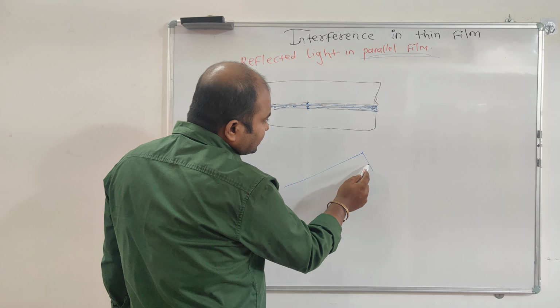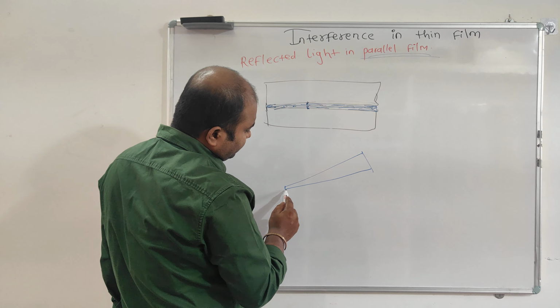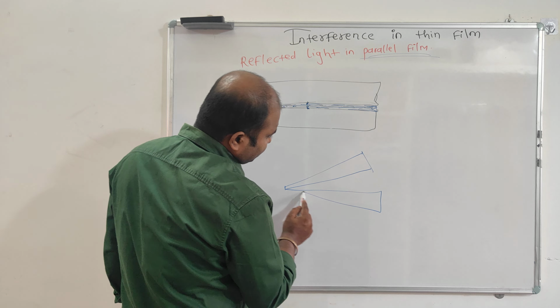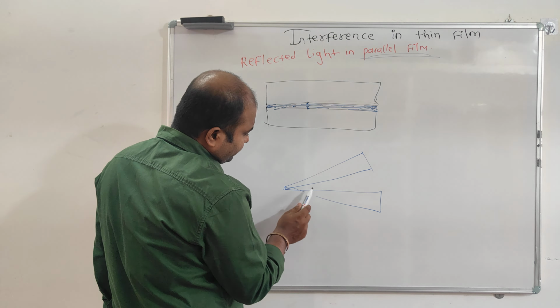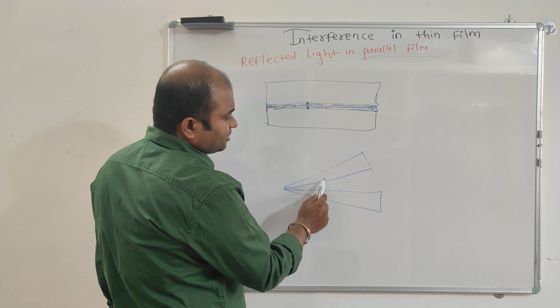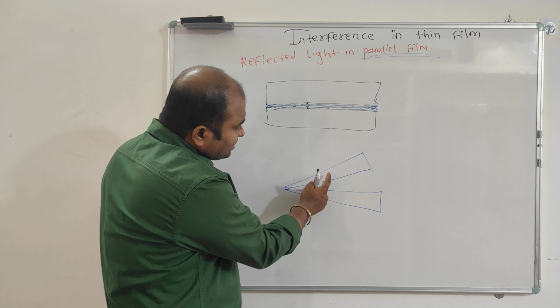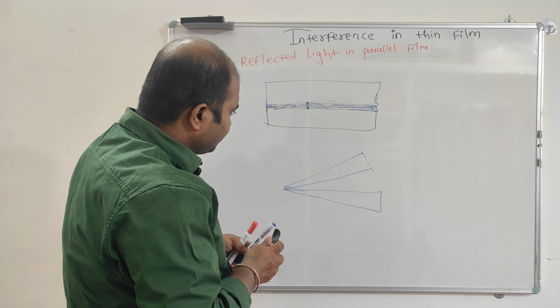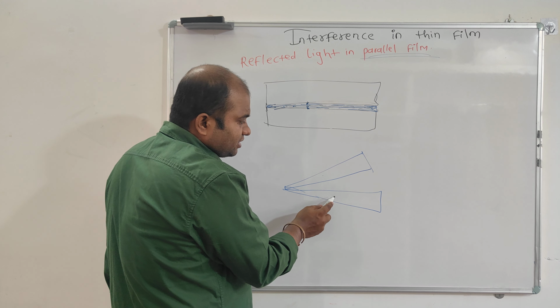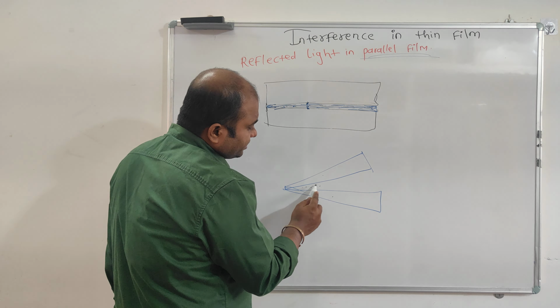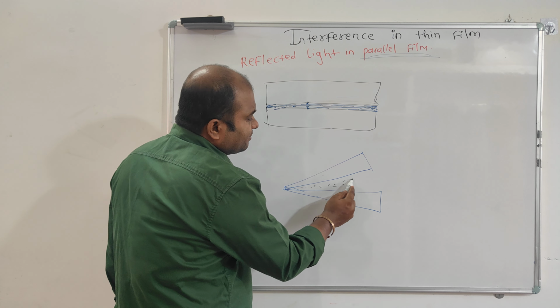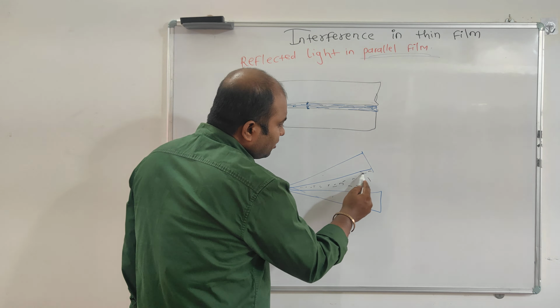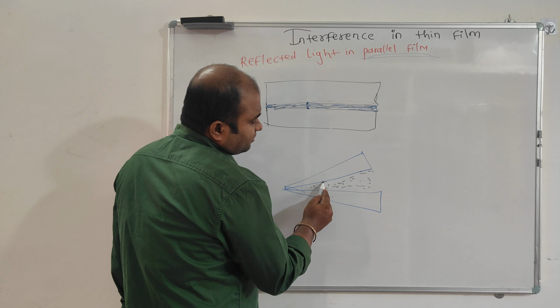But sometimes the thickness changes. For example, this is one glass plate and this is the other glass plate. In between the glass plates air is present, or some other optical medium like a liquid.